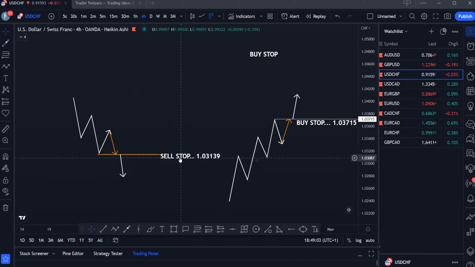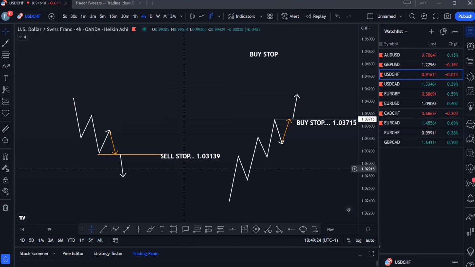All right, so that's why stop orders are continuation orders. Okay, so you are using a buy stop or a sell stop to continue the move of a commodity, and then because it's a pending order, you choose the price at which you take entry.